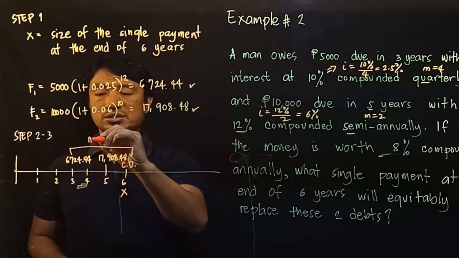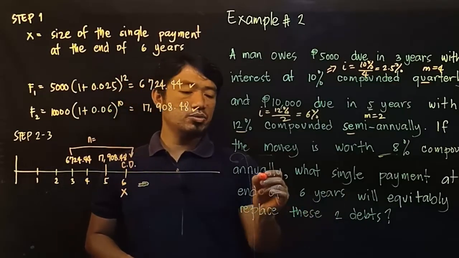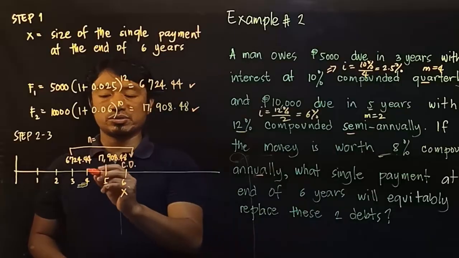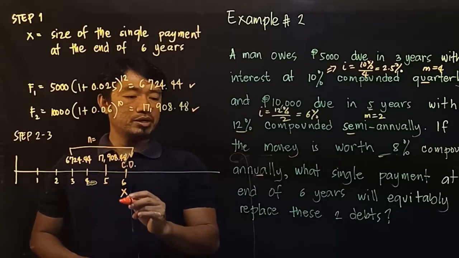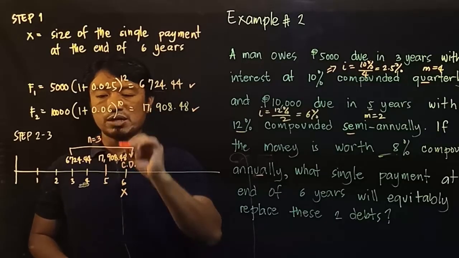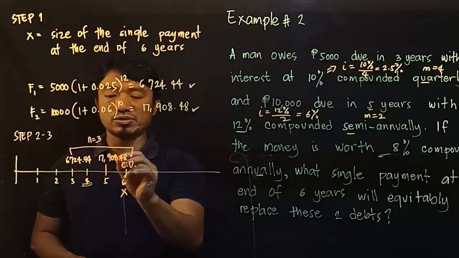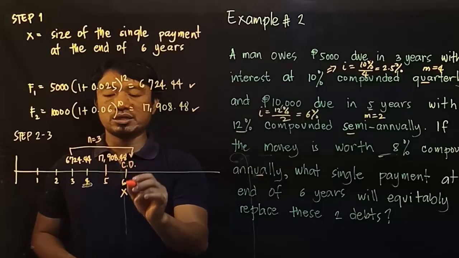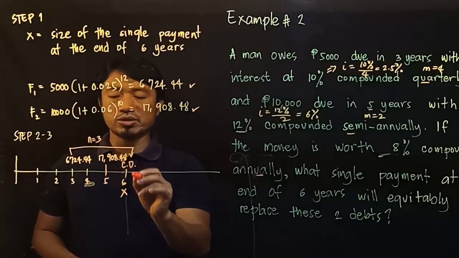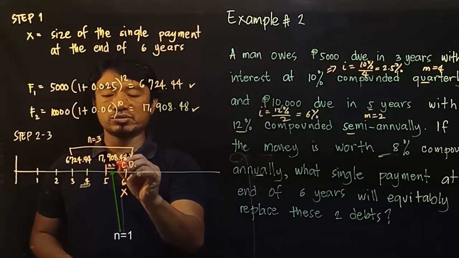Since this is compounded annually, m is equal to 1, so one compounding period per year. So from the 3rd year to the 6th year, you have 3 periods. And then the second debt, 17,908.48, is 1 year away from the comparison date. Therefore, its n is equal to 1.